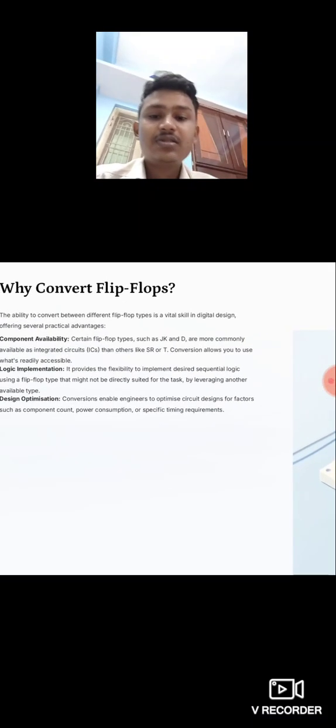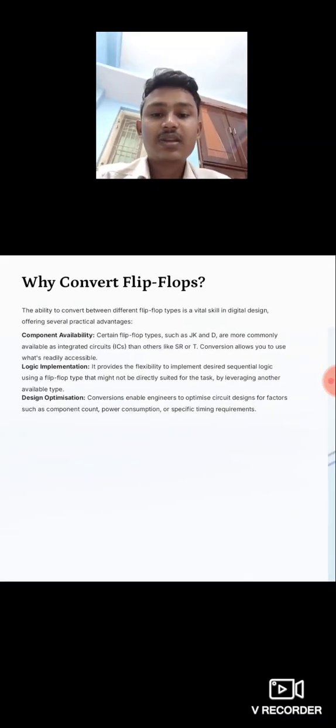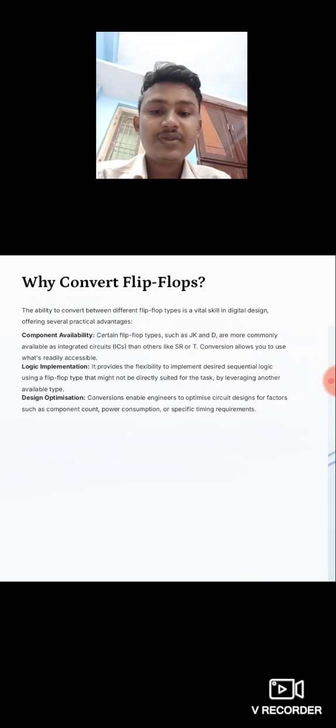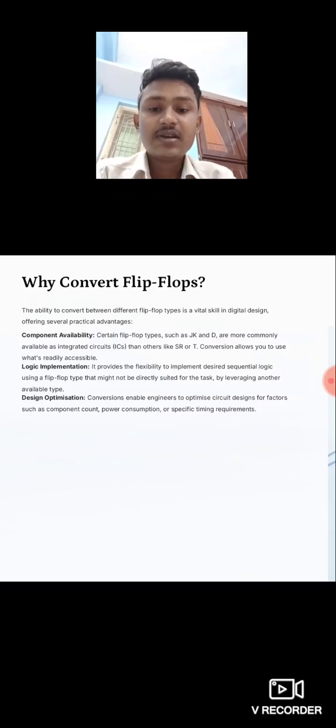Why convert flip-flops? The ability to convert between different flip-flops is a valuable skill in digital design, offering several practical advantages. Component availability: certain flip-flop types such as JK and D are more commonly available as integrated circuits than others like SR and T. Conversion allows you to use what is readily accessible.